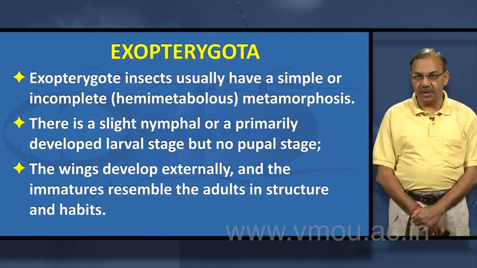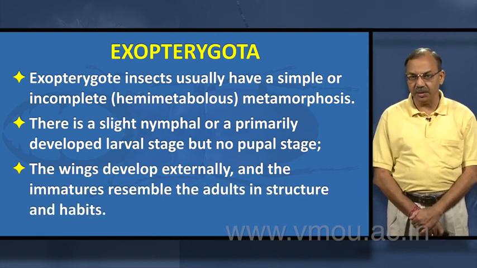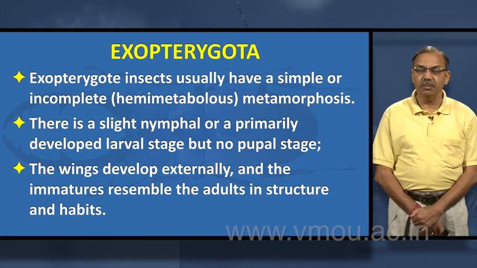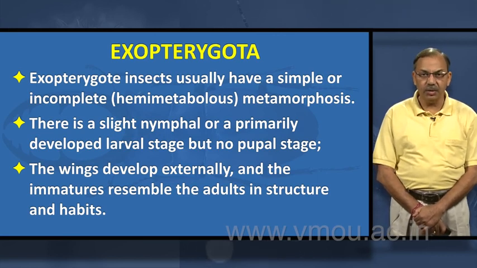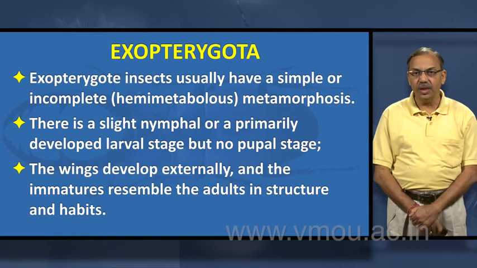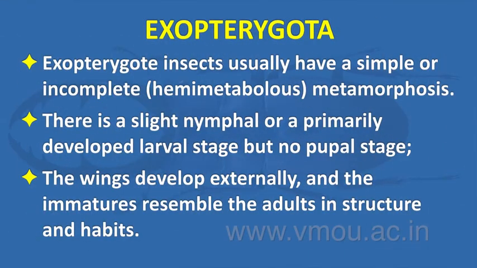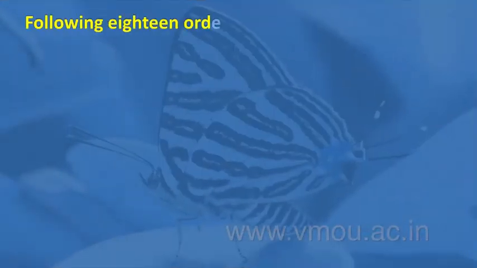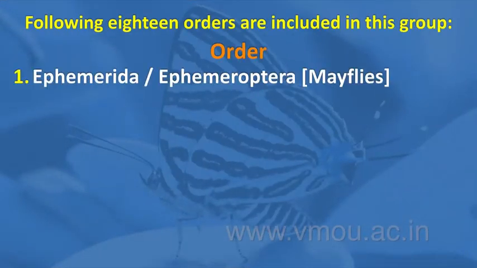The wings develop externally and the immatures resemble the adults in structure and habits. Wings develop externally means बाहरी तौर पर wings develop होते हैं और immatures adult के साथ संरचना और आदतों में एक से होते हैं. The orders included in Exopterygota are Ephemeroptera, commonly called mayflies.